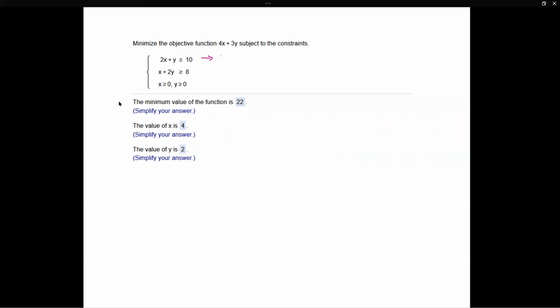So if we take this one to get y by itself, we're going to have this, and therefore this one, you're going to subtract x, then you divide by 2, so this is going to be 4, 8 by 2, and this is just x, and this is y.